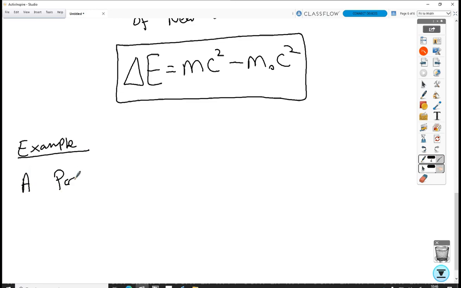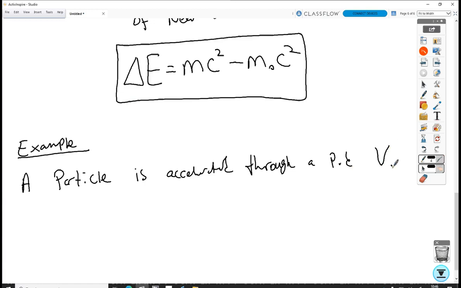So a particle is accelerated through a potential difference V. Then what we do is we say that the gain of energy, delta E, is equal to mc squared minus m naught c squared.